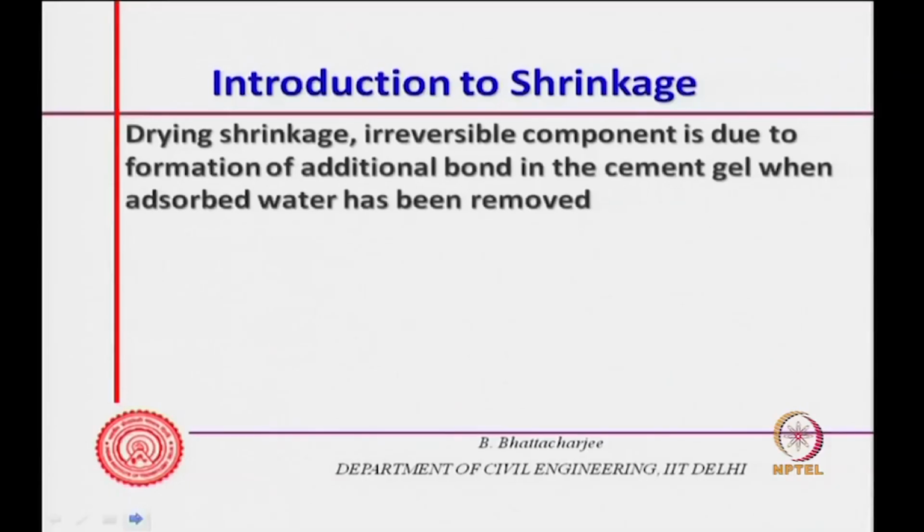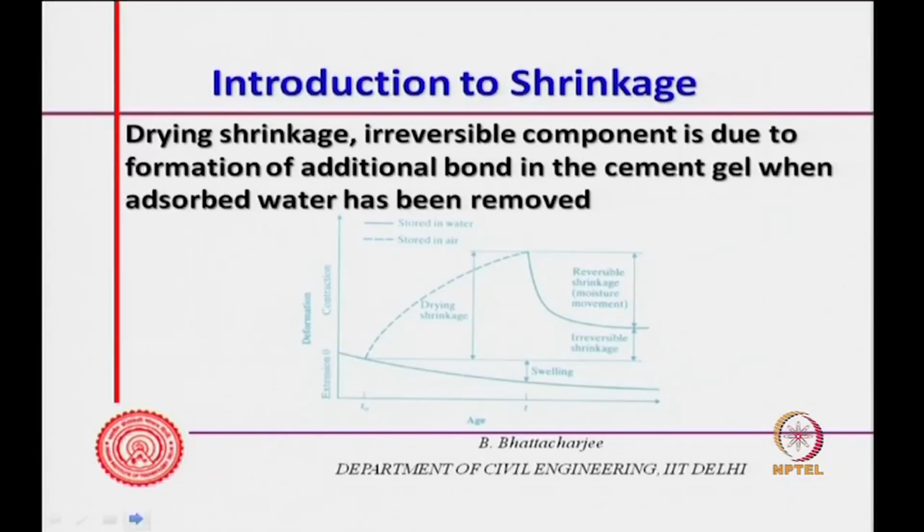Drying shrinkage, there can be some irreversible component in this. Let us see what drying shrinkage is. See, this is again the edge, and this side is deformation. So, this is your T0, and from this point you started drying. So, this is stored in air, and you will find the deformation increases, the deformation shrinks.